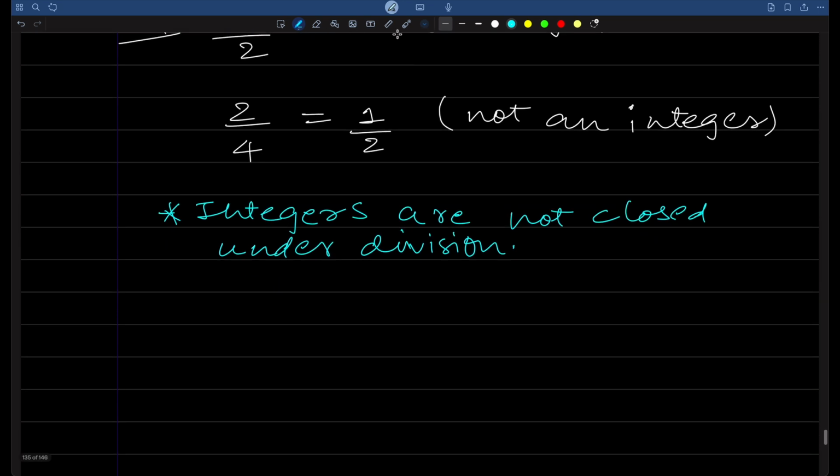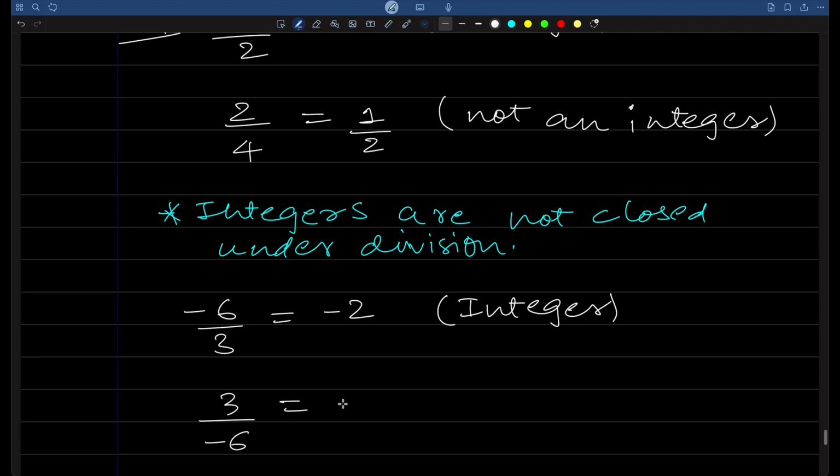We can take one more example, that is -6 divided by 3, that is equals to -2, which is an integer, but if we take 3 divided by -6, that is equals to -1 divided by 2, which is not an integer.